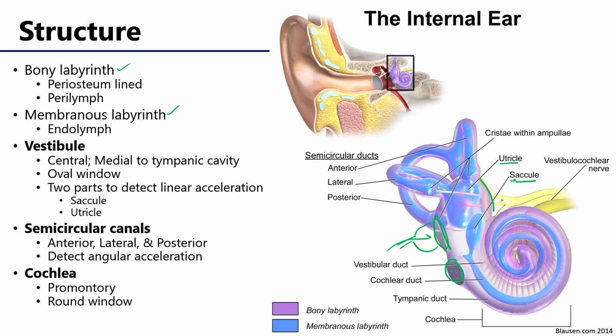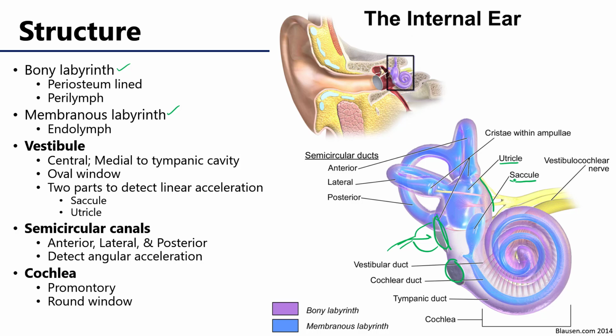There are specialized receptors in there that are able to communicate to the remainder of the CNS what the head is doing in three-dimensional space, what position it's in or moving into.